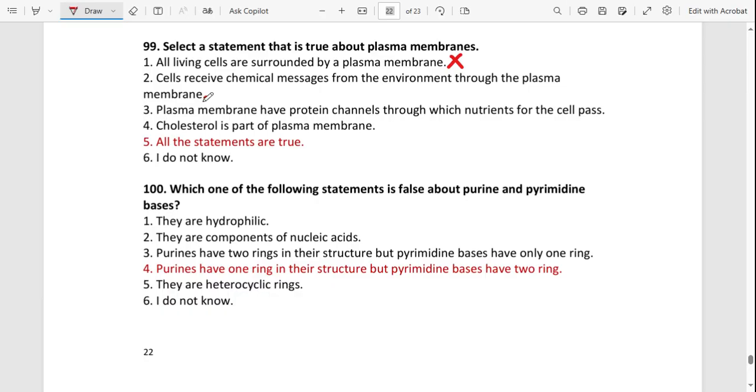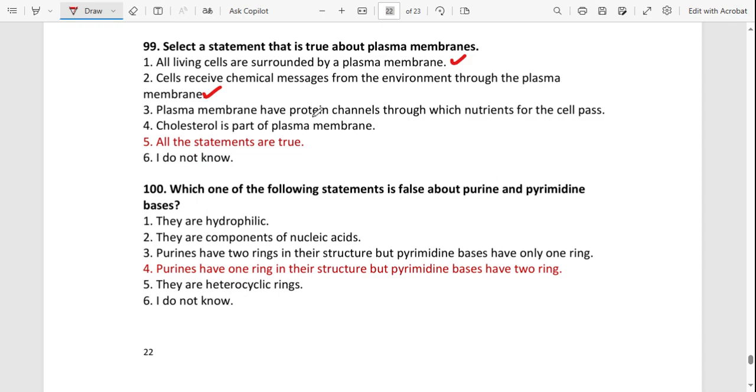Okay, so I'm gonna put a dot there. This is actually true. Now, this one, all living cells are surrounded by a plasma membrane. Okay, in this case, we're taking cells which are living. We can say yes, all of them, but to be specific, you have got some bacteria. Unless we say those are not living.